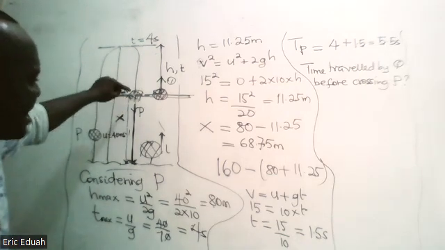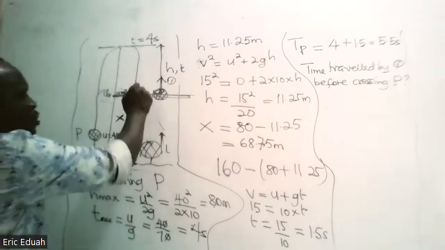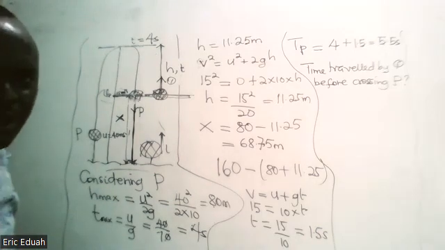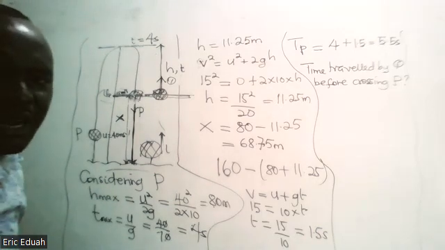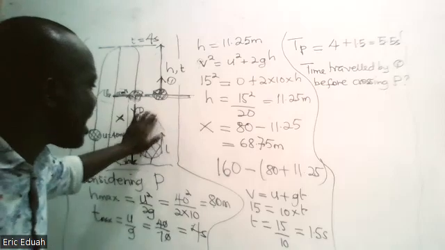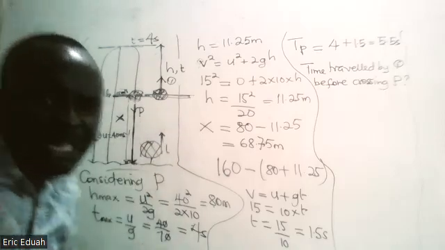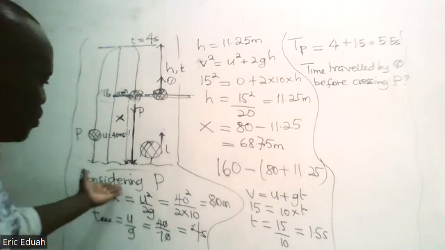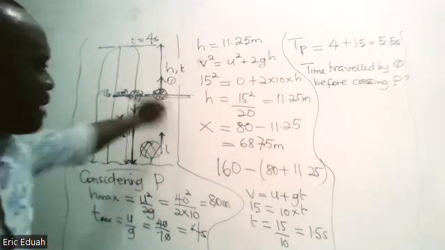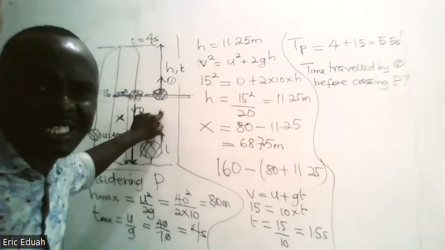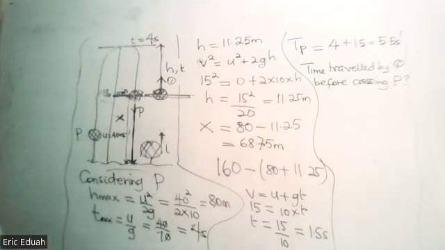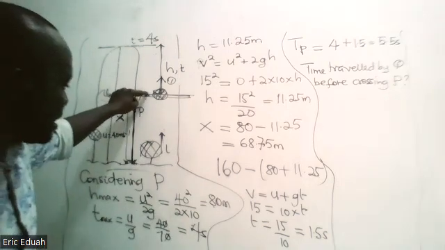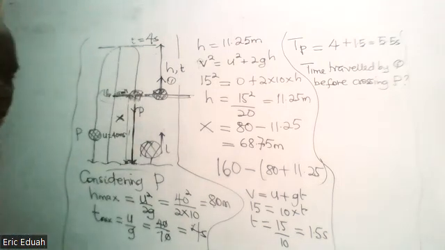What it means is that it will rather take P 2.5 to move from here to the ground, not Q, because they don't have the same initial velocity of throw. The initial velocity of P is 40, but we are yet to calculate the initial velocity of Q. So it will rather take P 2.5 seconds to move from here to the ground. Gloria, are you fine?